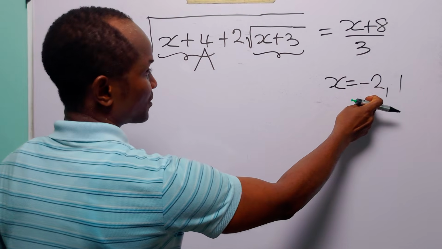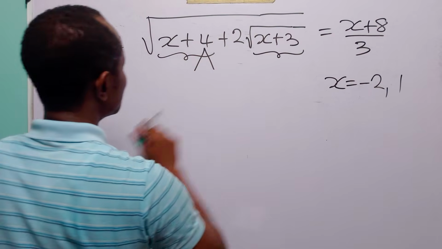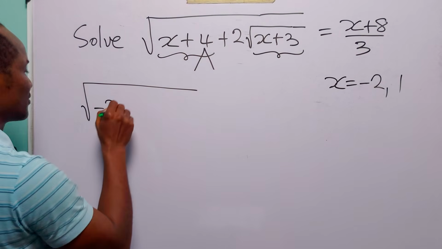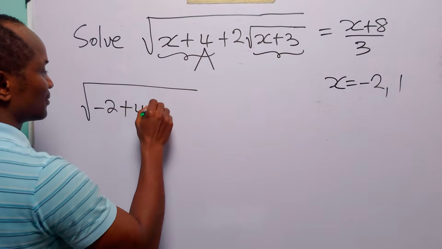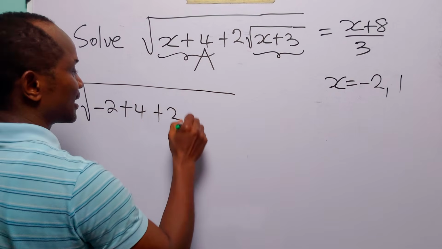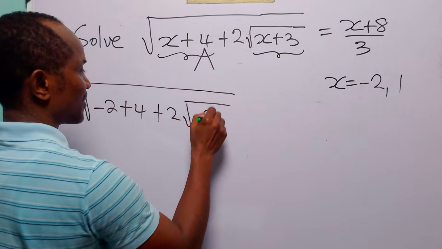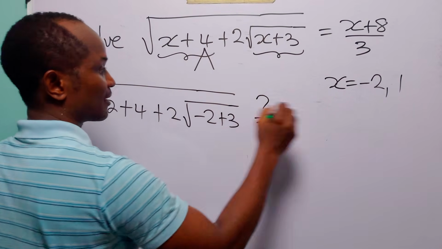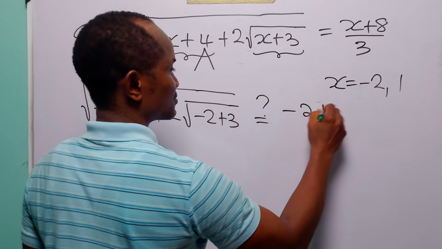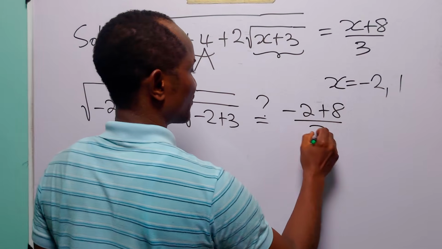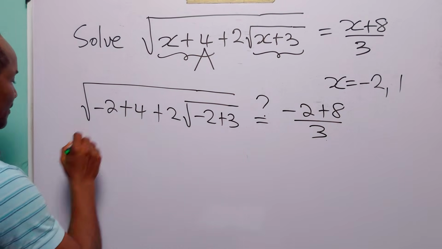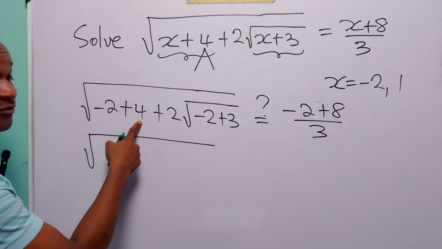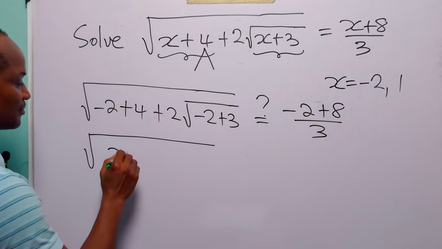When x is equal to minus 2, the original equation becomes the square root of minus 2 plus 4 plus 2 times the square root of minus 2 plus 3. Now, is this equal to minus 2 plus 8 over 3? Minus 2 plus 4 is equal to 2.